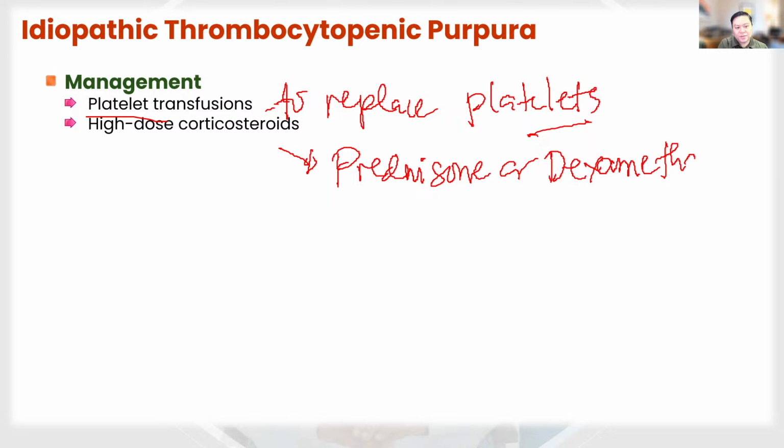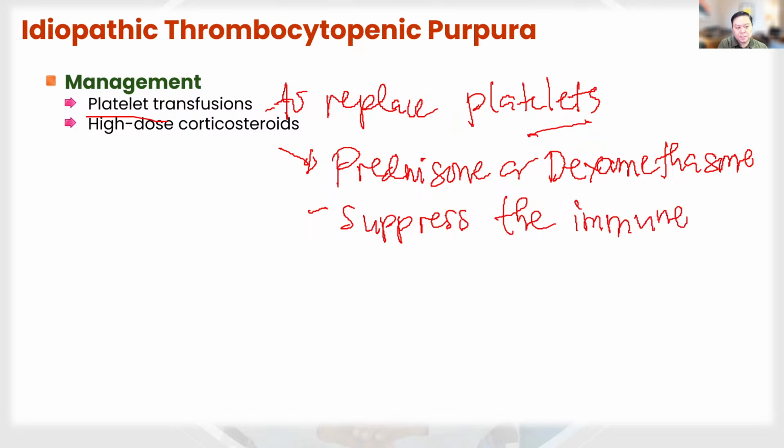The reason that they're going to be helpful is that they're going to suppress the immune system response. So this will now decrease the destruction of the platelets caused by the immune system dysfunction. All right, so we're going to expect high-dose steroids.